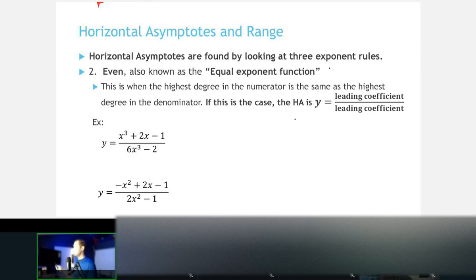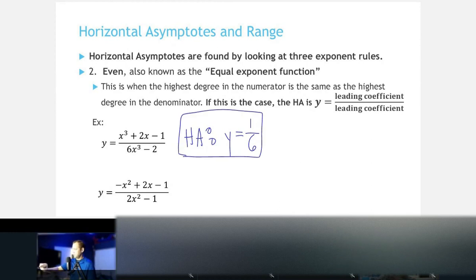So your HA for this first one, remember it's always y equals, is going to be the leading coefficient, which is a 1, over the leading coefficient on the bottom, which is a 6. And then you would reduce it if you can. But we can't. 1 over 6 is already reduced. So there's your answer for that first example.